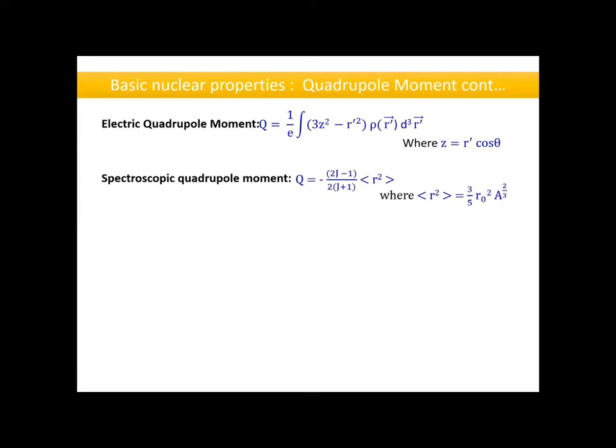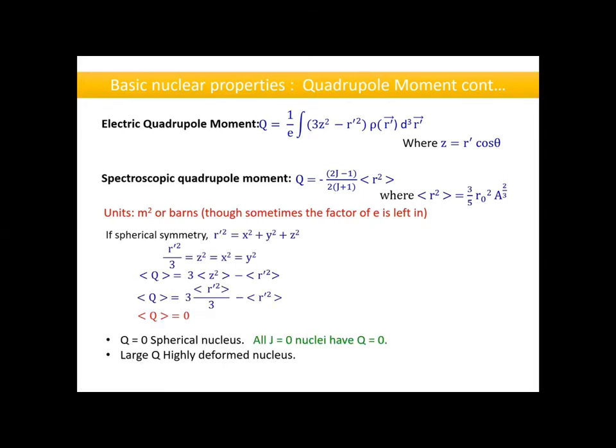So the formal definition of electric quadrupole moment can be written as this, while the spectroscopic quadrupole moment from the shell model is denoted as this, where the root mean square radius is equal to 3 by 5 r naught squared raised to 2 by 3. The unit of quadrupole moment is meter squared or barns. So for a spherically symmetric nucleus, the electric quadrupole moment comes out to be 0, as one can deduce from here. So all J equal to 0 nuclei have quadrupole moment 0.